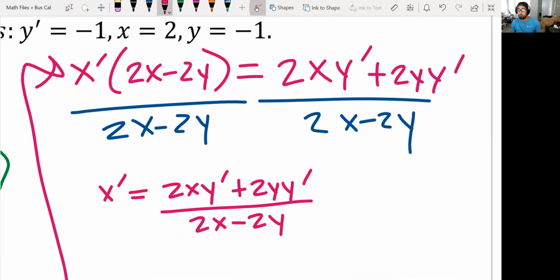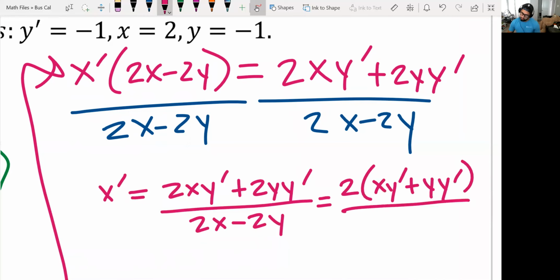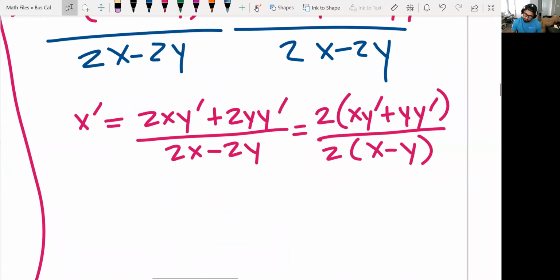Now you see there's probably a common factor of 2 that we can cancel out. So let's go ahead and do that and finish up x prime. So I'll take a 2 out of the top, which gives me x y prime plus y y prime over 2 times x minus y. All right, one final cleanup.